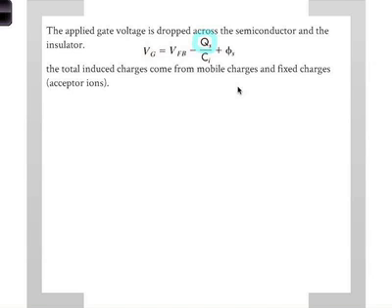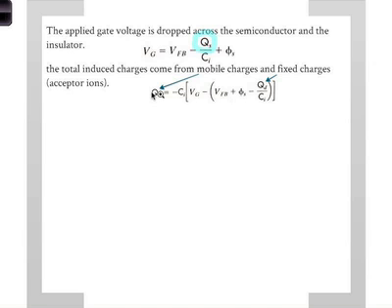So it's a combination of both. Qs is essentially Qn plus Qd, Qd being the fixed charges and Qn being the mobile charges. Qn is the inversion layer, basically the electrons. So you plug that in here and you reverse the equation, and you get that.